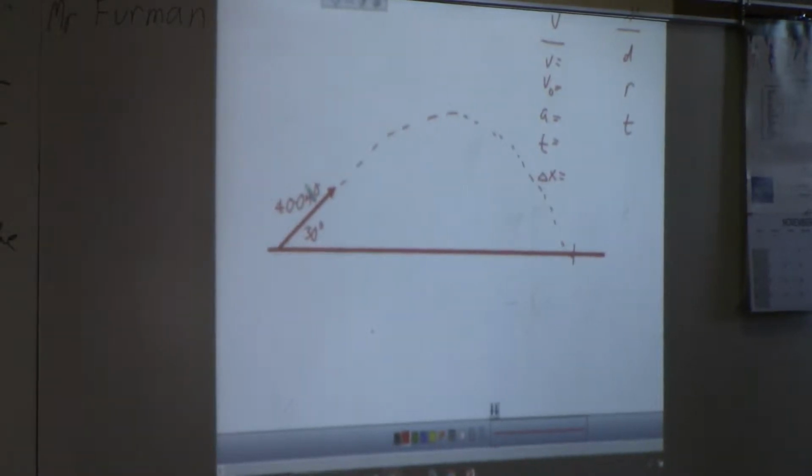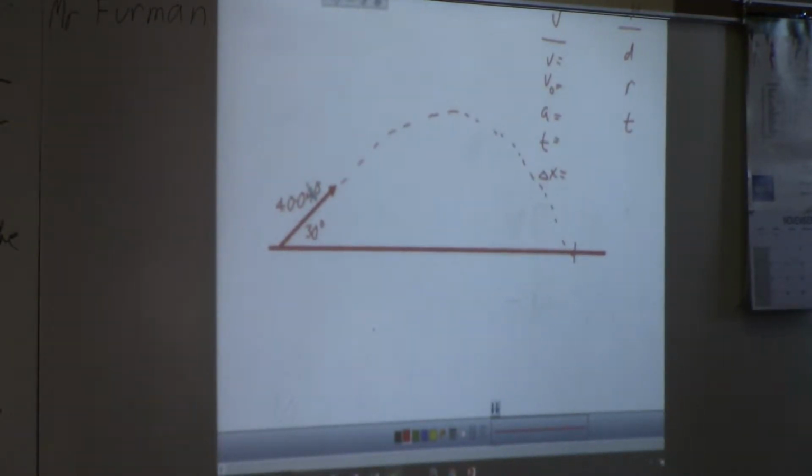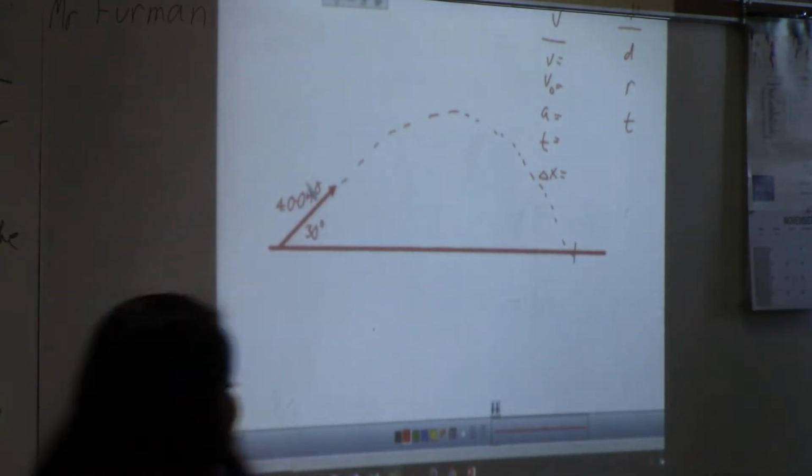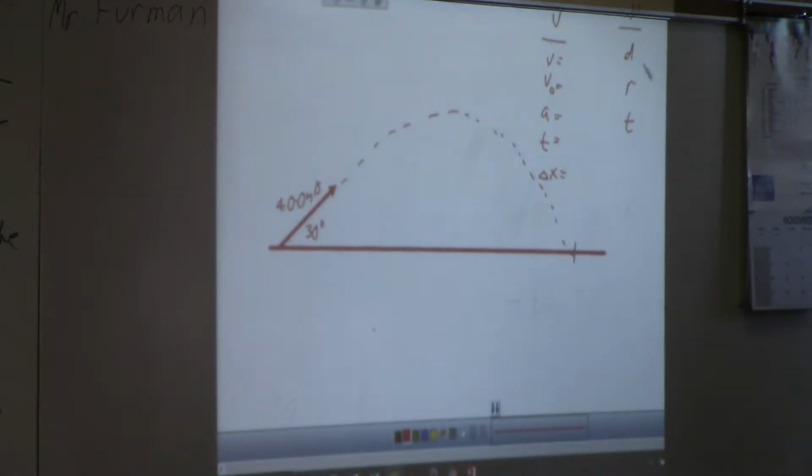All right, so common problem. Here's a velocity at an angle, and 30 degrees is a very common angle that you'll see here very shortly. And the question might be, what is the horizontal range? Horizontally, I'm looking for my distance, and maybe that's all they give me.